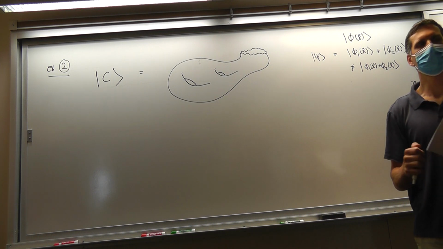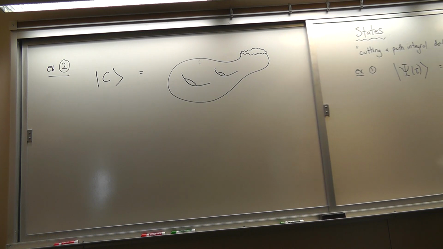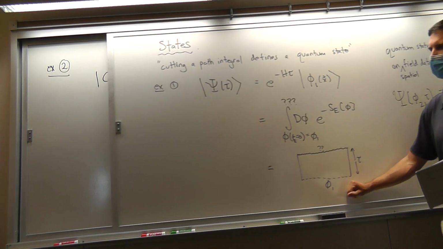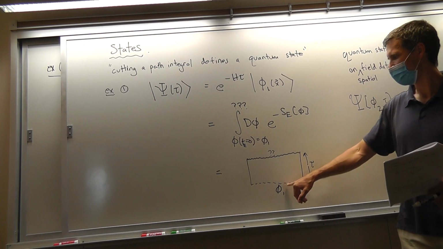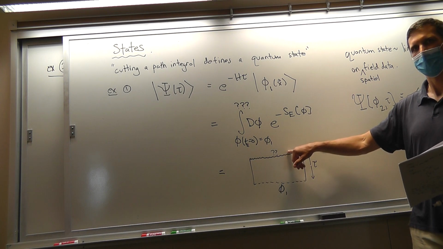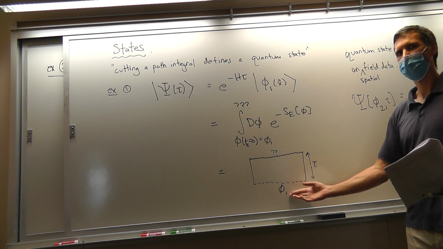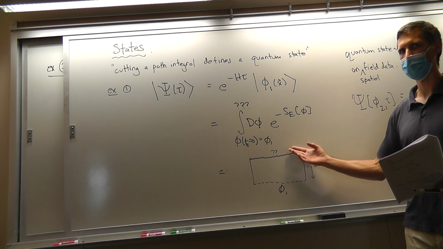Well, it's useful for the following reason. When we talk about path integrals, this is true also of the harmonic oscillator, but in particular in QFT, it's most convenient for path integrals to work in a position basis. Because we think of the boundary conditions on the path integral as being some position at time 0 and some other position at time t, or in the case of field theory, some particular field configuration at time 0 and t.